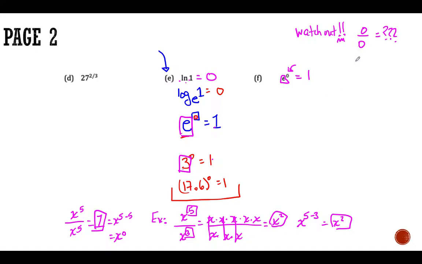I also learned that anything to the 0 power is equal to 1, unless it's 0 to the 0 power. I'm not sure. No one ever told you about that in algebra or pre-cal, right? These are things that we will start to investigate in calculus. They're unknowns. Zero is a very special number, and we're just not sure what really happens with them. So you don't have to worry about that now. I'm just giving you a little foreshadowing of something that we're going to talk about in calculus, the investigation of 0 and infinity. Kind of crazy.